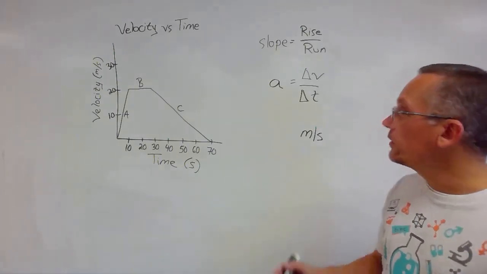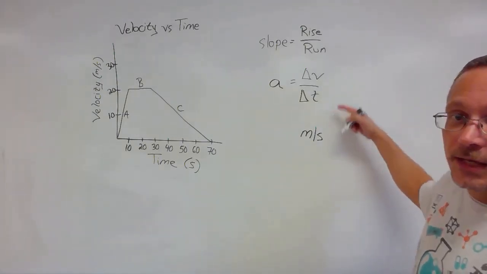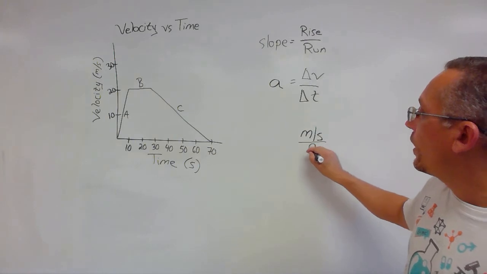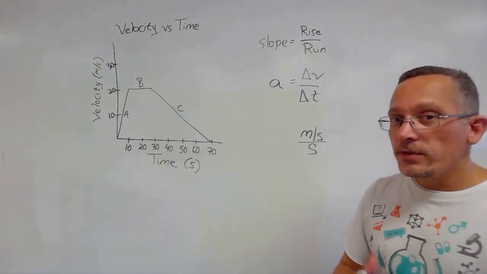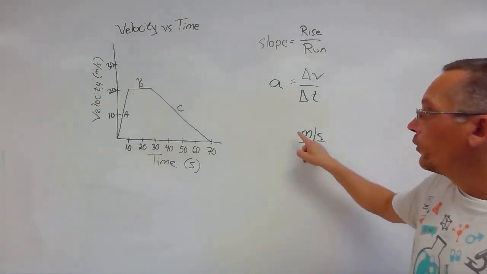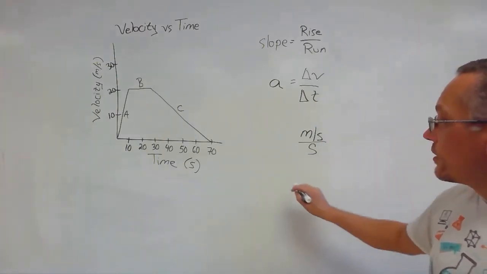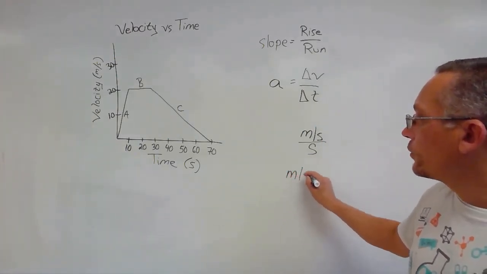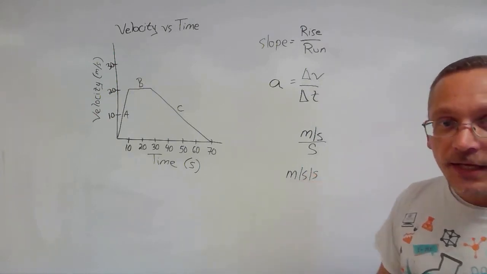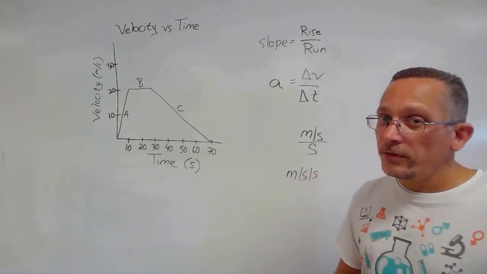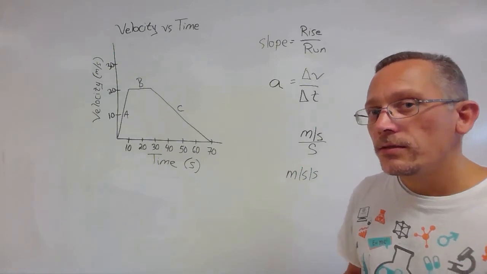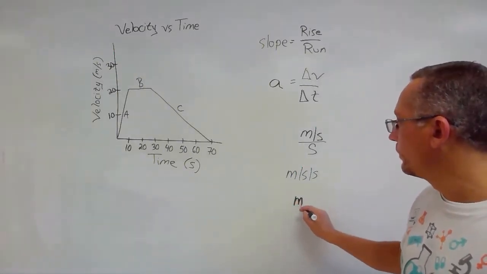It's measured in seconds. So on top I've got meters per second, and on bottom I have seconds. So the units for acceleration are meters per second per second. Sometimes we'll write it like this. Sometimes we'll write meters per second like this. But most often we'll write meters per second squared.